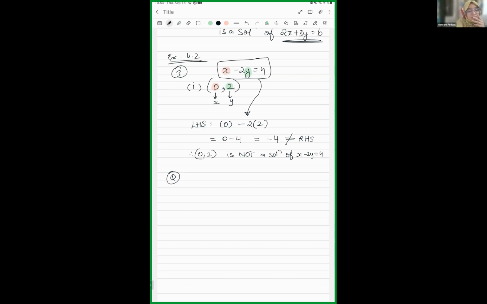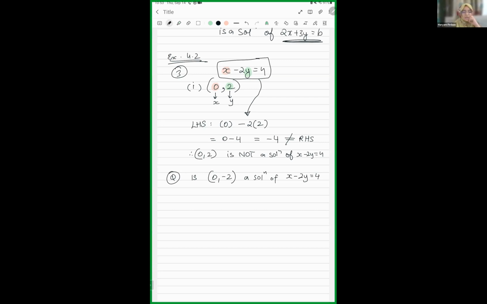So, Munir, tell us how to check whether 0, minus 2 is a solution of the same equation x minus 2y equals 4. No one else will give me the answer. If you're done, you can just type it in the chat box.